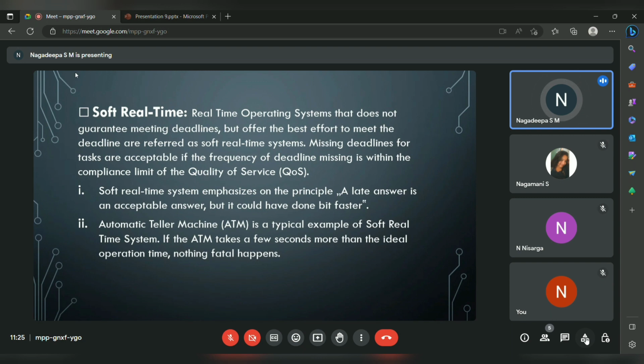Soft real-time systems emphasize the principle that late answers are acceptable answers, but it could have been done a bit faster. An automatic teller machine, that is ATM, is a typical example of a soft real-time operating system. If the ATM takes a few seconds more than the ideal operation time, nothing fatal happens.